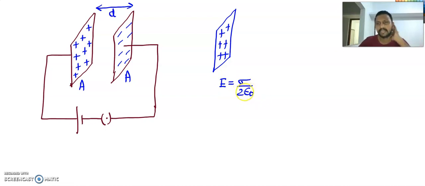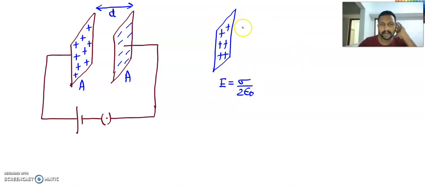You have learned it as the application of Gauss theorem. Can you recall what sigma was? Sigma was surface charge density. Hope you know this equation. This is the electric field intensity due to a single sheet.